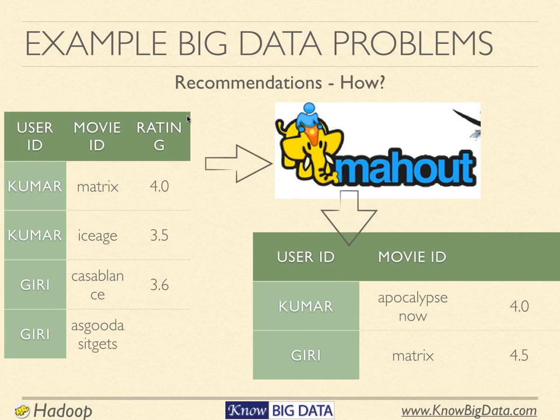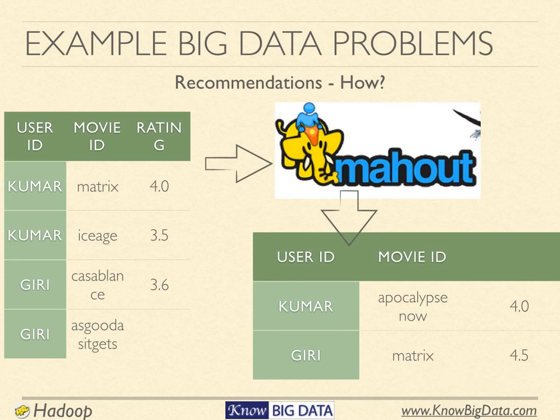Now, as a general idea, you can have a look at how people do recommendation. There is a tool called Mahout, which takes as input three columns: user ID, movie ID, and rating. You feed these three columns of data to Mahout, and Mahout will give you a recommendation of this form, that Kumar might like Apocalypse Now and this much.